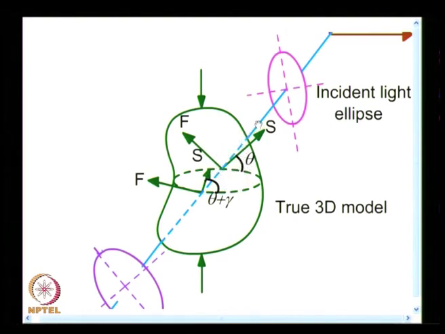When the incident light enters the model, you have an orientation theta, and at the exit plane you have another orientation theta plus gamma. These are not coinciding with the principal stress directions at the inlet plane and exit plane.